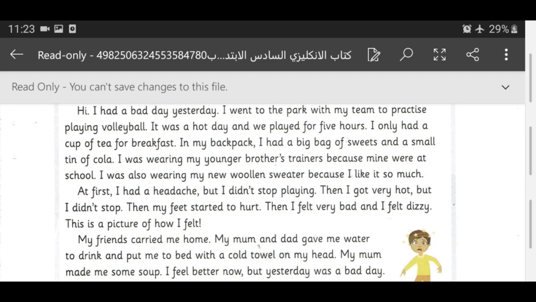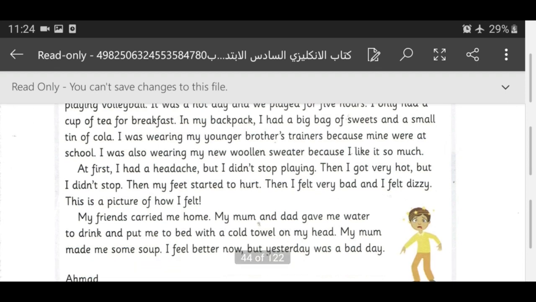I was also wearing my new woolen sweater because I like it so much.